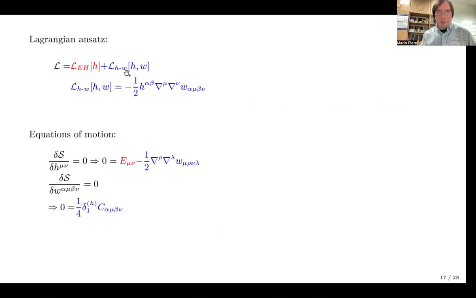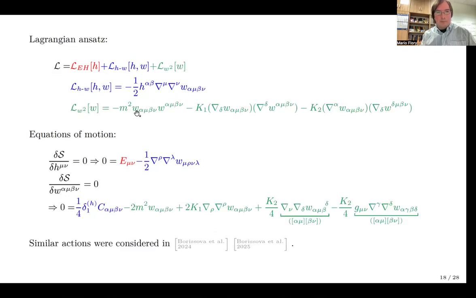So here, the term coming from this coupling term is going to be linear in h, and including second derivatives. So this can be written as the first order change of the bulk Weyl tensor due to the metric-like fluctuation h. Of course, to this Lagrangian, you can also add terms that are of square order in w, which we parameterize like this. And from these, you also get, of course, terms in the equations of motion as such.